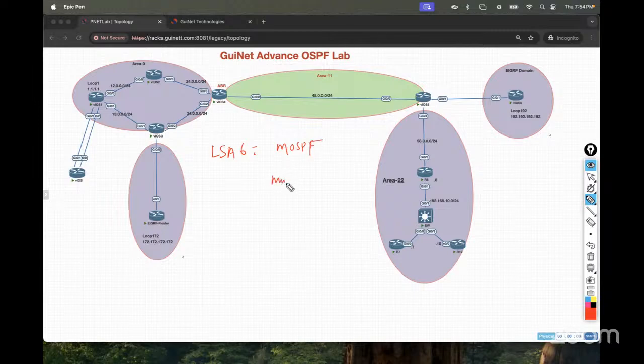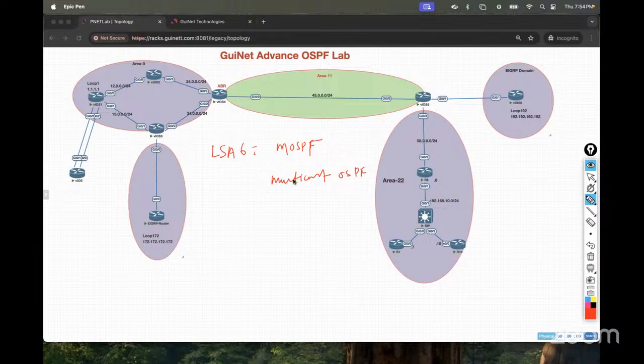If you are running multicast, then it is known as multicast OSPF. Let's suppose you are running multicast in the network, you are running PIM sparse mode, and you run the IGMP protocol, with OSPF running inside of that. In that case, MOSPF is going to be enabled.